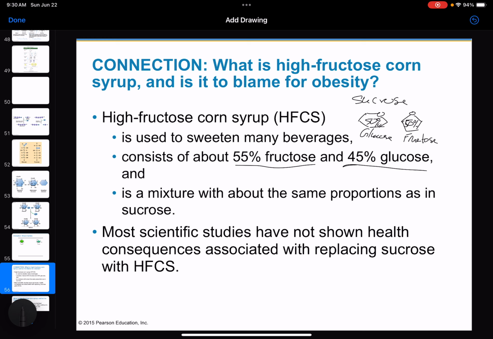But high fructose corn syrup is only like 5% more fructose than glucose. And somehow it's supposed to be bad for you.